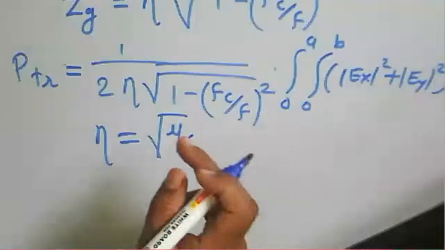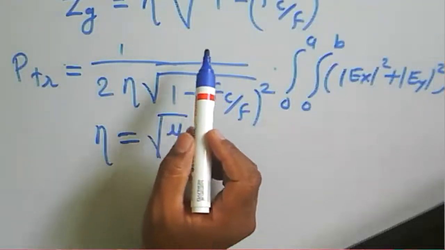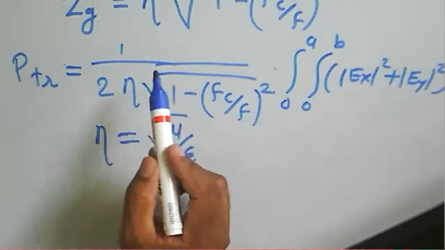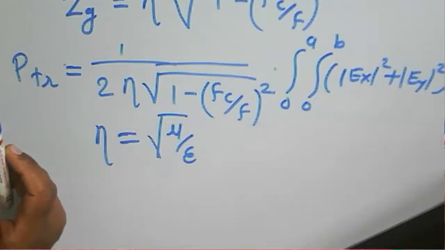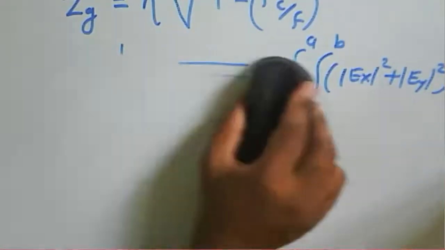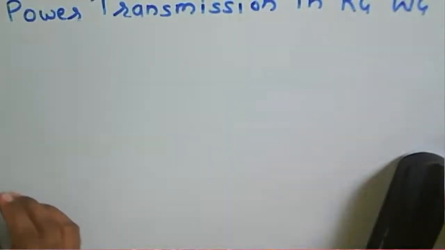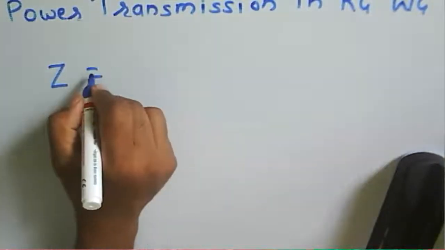Now this particular equation, the Zg we got here, is for the wave impedance. So we are writing the expression in terms of the wave impedance. In general, as I told you earlier, that Zg we say is about the guide impedance.